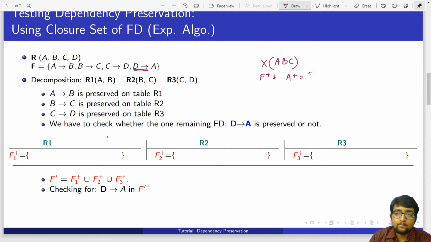Okay, so you find the attribute set of A plus, then you will find B plus, okay, C plus. Now, considering one attribute, all the possible combinations are done.